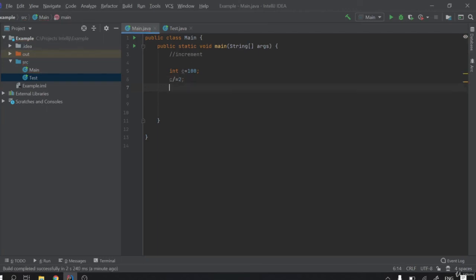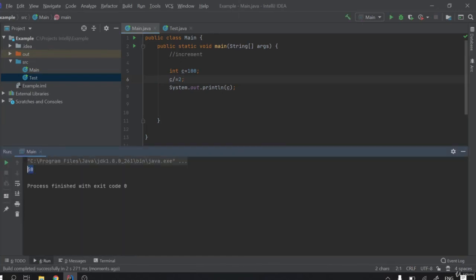So what is going to happen? Let's print c and see the result. I got 50. Why? Because I said c divide equals 2. What does this mean? This means c equals c divide 2. These are the same, nothing different, but this is the easy way, short way, or fast way, we could say.